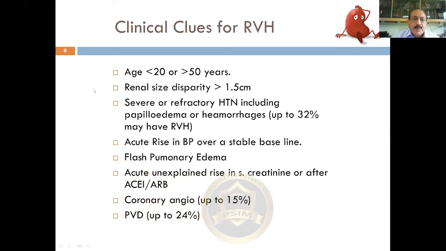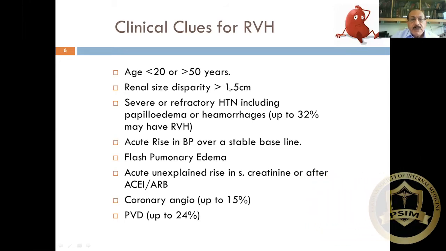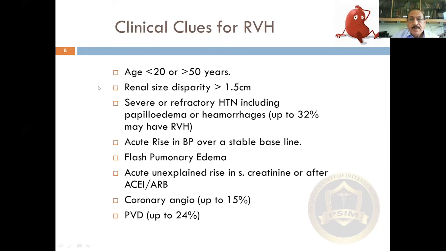Normally the left kidney is slightly bigger than the right kidney by about half to 1 centimeter. But in case the disparity in size is more than 1.5 centimeters, one should consider renovascular hypertension as a cause of high blood pressure.